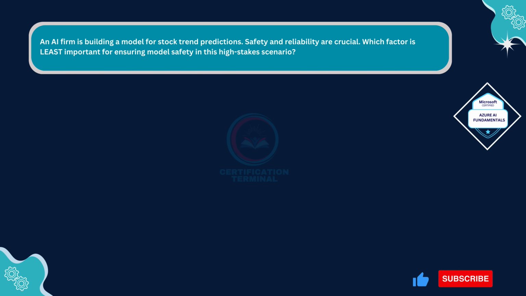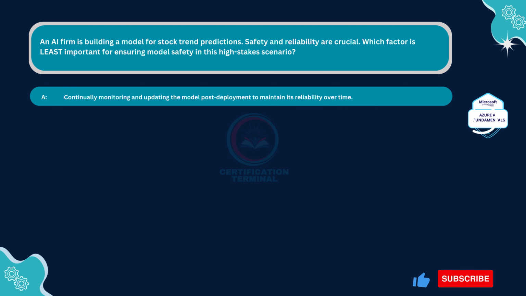Next question. An AI firm is building a model for stock trend predictions. Safety and reliability are crucial. Which factor is least important for ensuring model safety in this high-stakes scenario? Option A. Continually monitoring and updating the model post-deployment to maintain its reliability over time.